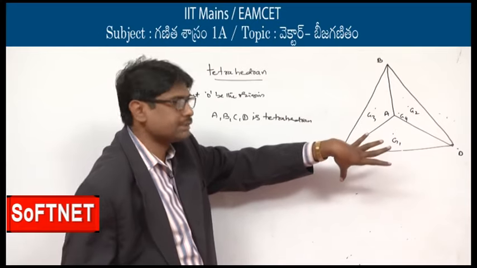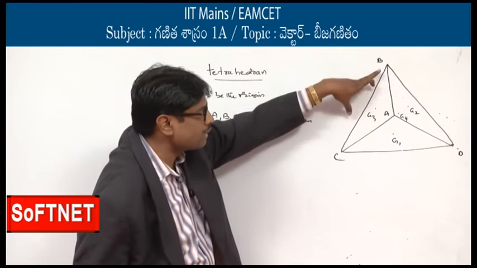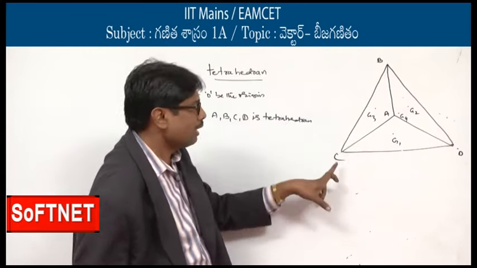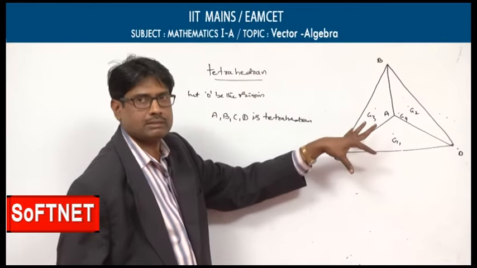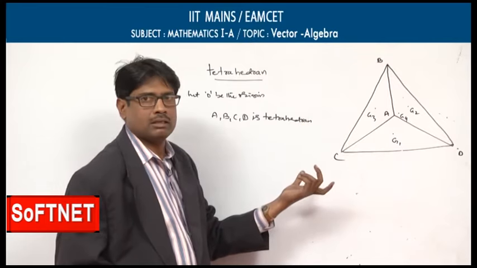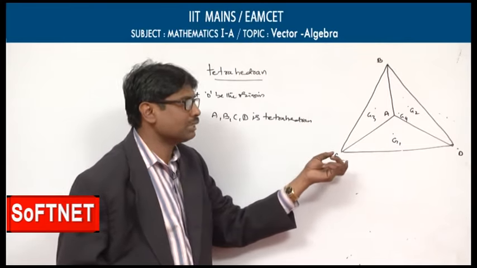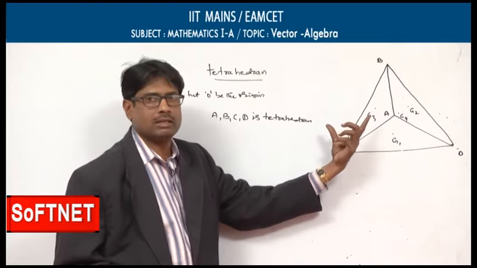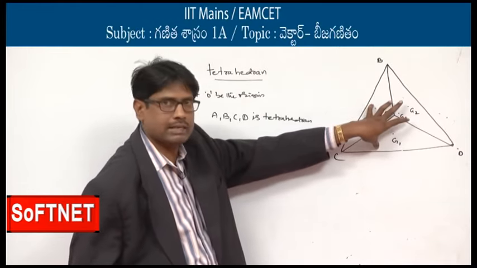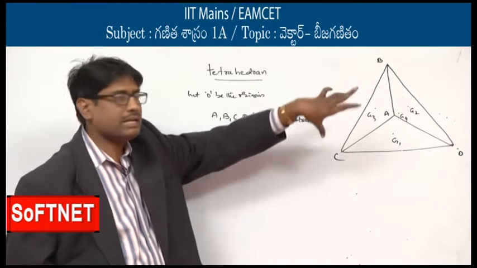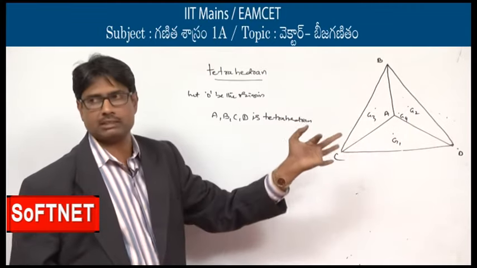As it is a space figure, you can't see all of it, but AG1, BG2, CG3, DG4 will be the medians. Earlier we proved that the centroid divides a median in the ratio 2:1. Here the concurrency point of the medians divides the medians of the tetrahedron in the ratio 3:1.